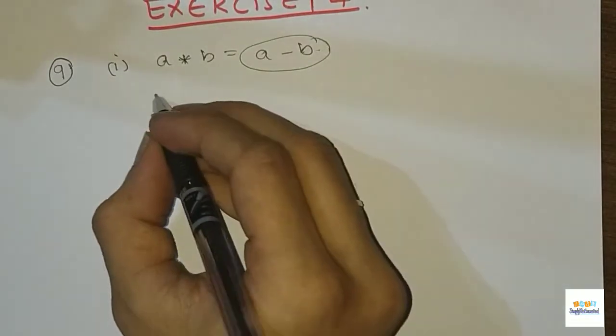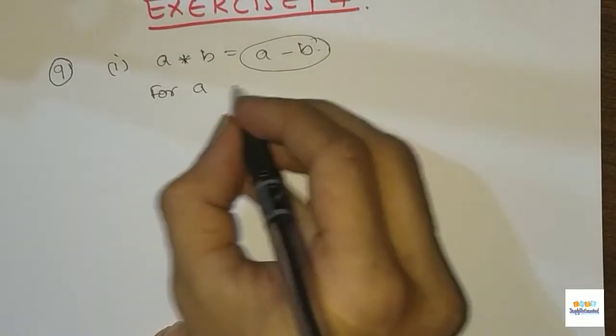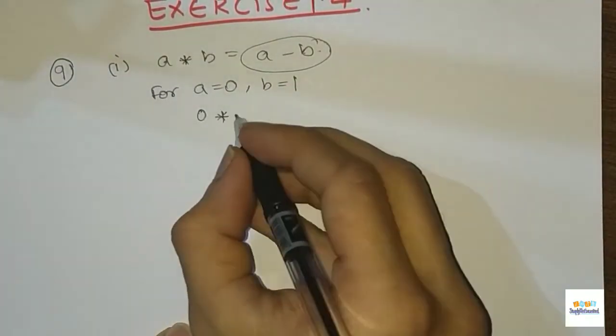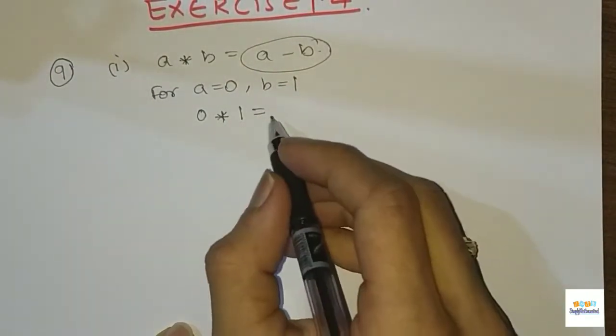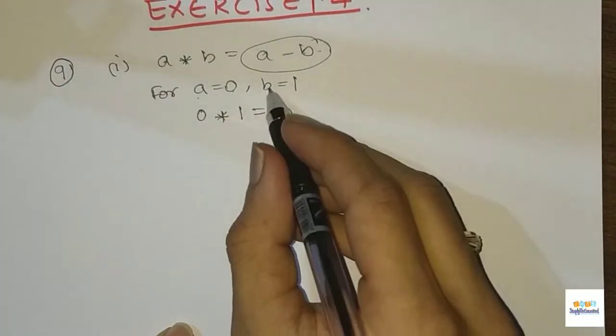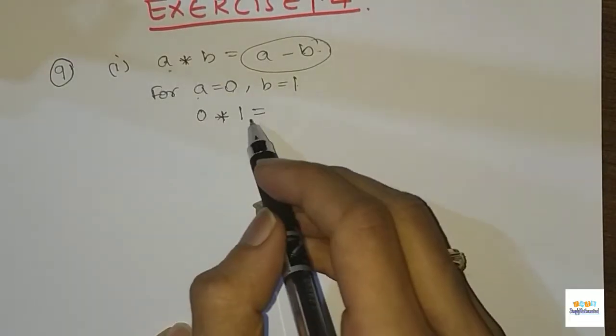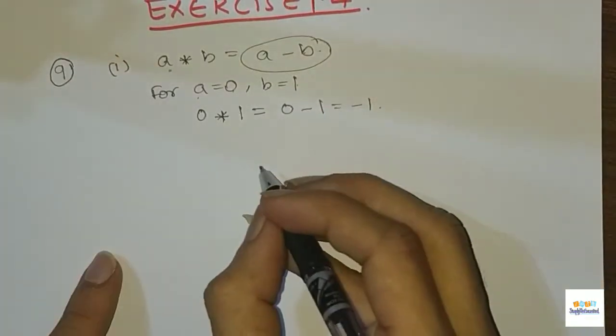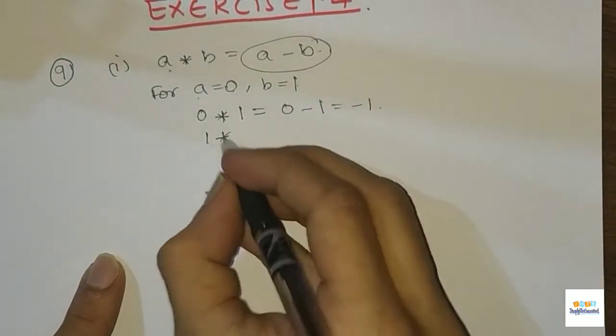We have to show it by taking examples. You cannot prove it otherwise. Now for a equal to 0, b equal to 1, what do you get as 0 star 1? 0 is a and b is 1, so 0 star 1 we have to check. So it is 0 minus 1, which is minus 1, right? Now what is 1 star 0?